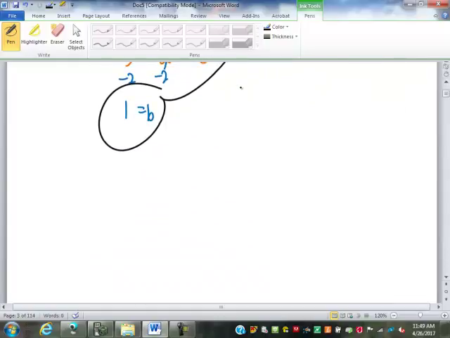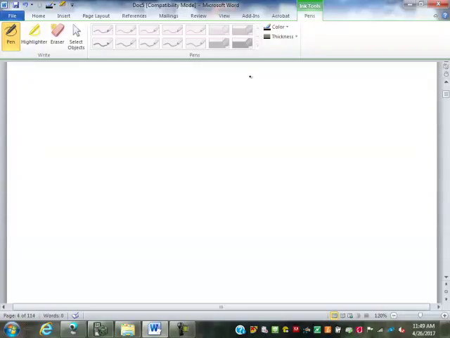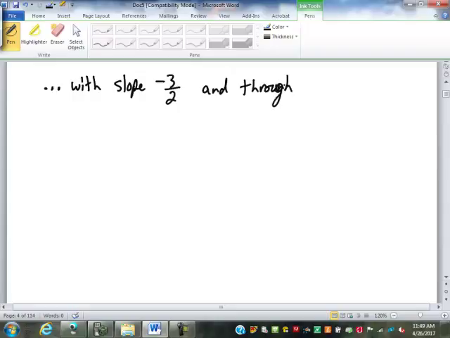Okay. Thanks. All right, let's do another example similar to that. So again, we're going to find the equation of a line with slope negative 3/2 and going through the point -4, 1.